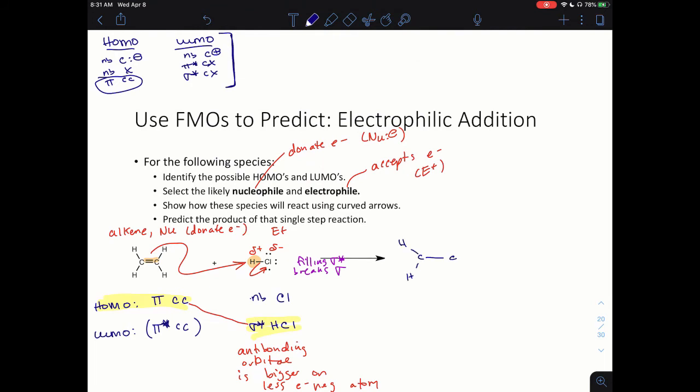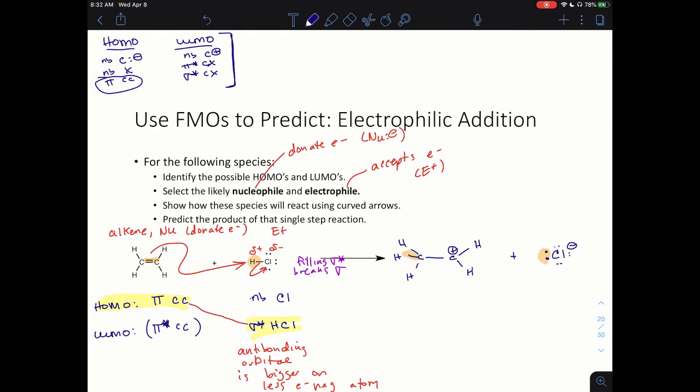and that will end up giving us this species. So one of those carbons is going to make a bond to hydrogen, so we'll just make it this one, and then the other carbon is just going to have an empty orbital, and then you end up with chloride, where it has accepted the electrons from the HCl bond.